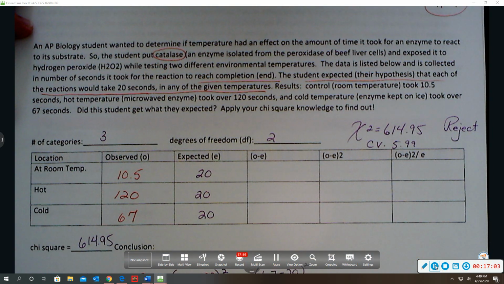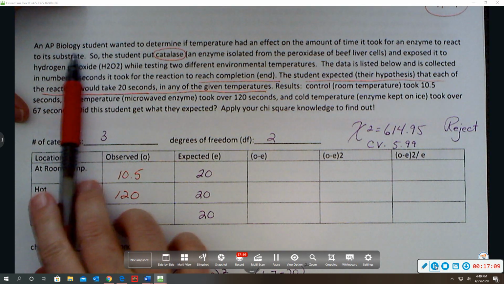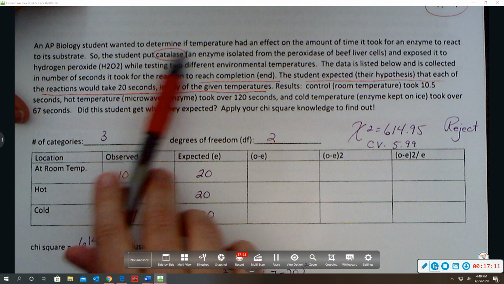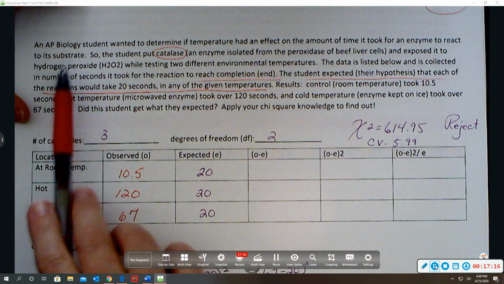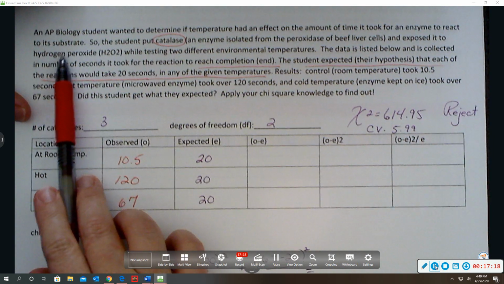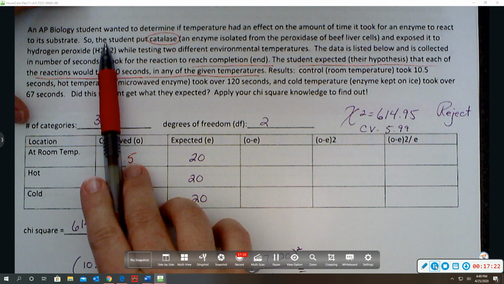To speed up our video, I actually did this one ahead of time, but I'll take us through it. An AP biology student, that's you, wanted to determine if temperature had an effect on the amount of time it took for an enzyme to react to its substrate. All right, now you're going to have to start thinking back to enzymes.